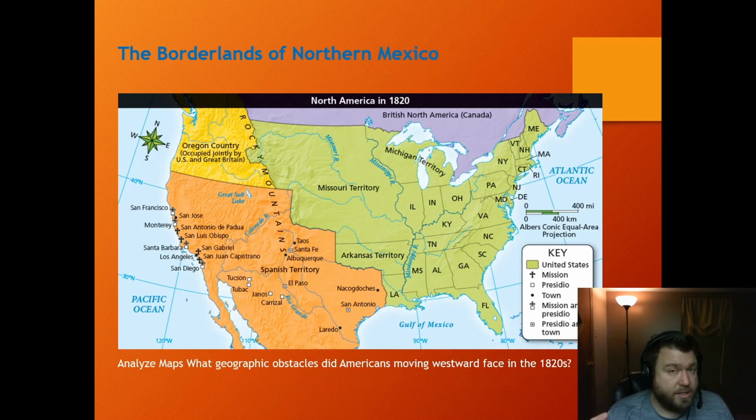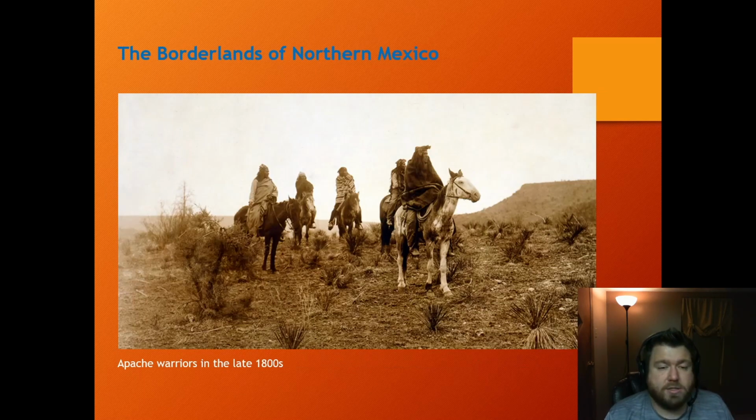And later on in this lesson, we will actually talk about one of the most infamous occurrences of this time in the Rocky Mountains. A group of a family that was going west that faced a pretty gruesome end. Alright, here's a picture of Apache warriors in the late 1800s and what we thought that this is what they looked like and what they rode.